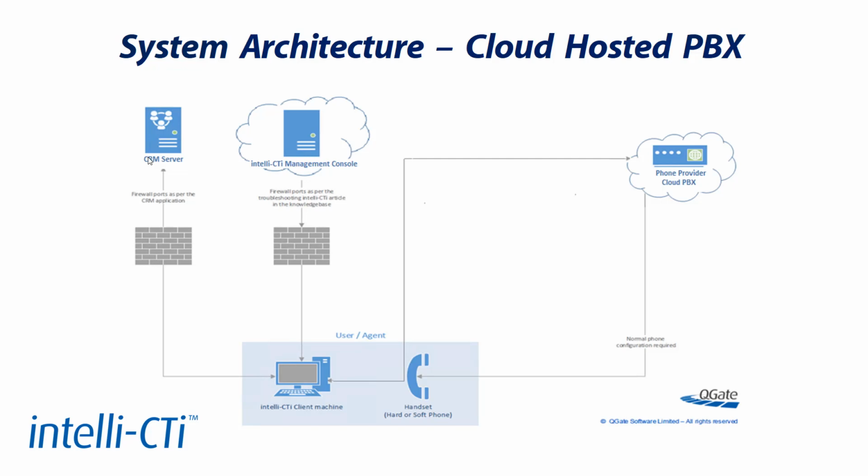We have an add-in there for intelli-CTi within your Dynamics environment, which incorporates a couple of custom entities. Then the second component in the middle is the intelli-CTi management console, which, as I intimated, is now run by Qgate. And here customers can manage their users in terms of enabling and disabling and the allocation of licenses.